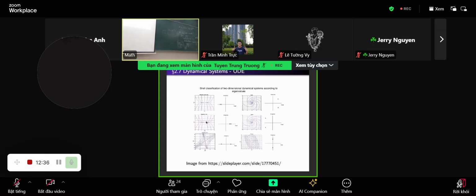And in this picture, (0,0) is a repelling point, which means that all the orbits go out of it. And this picture has a saddle point, which we mentioned before. So some of the orbits go inside and some of the orbits go outside. And then there are some other types of points here.